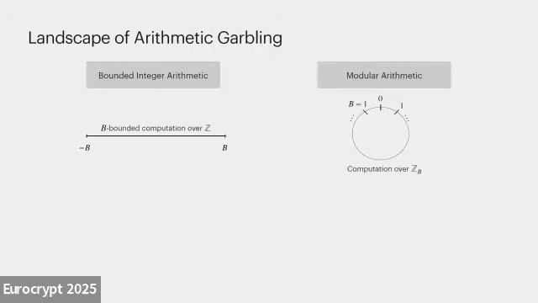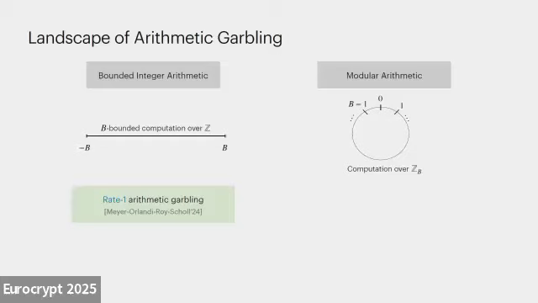Arithmetic garbling has been studied in two regimes in the literature. The first is bounded integer arithmetic, where we compute over integers, but we require that all intermediate values are less than some magnitude bound b. The other is standard modular arithmetic, where we compute over an integer ring Z_B. In the bounded integer setting, recent works have shown how to get rate 1 arithmetic garbling.